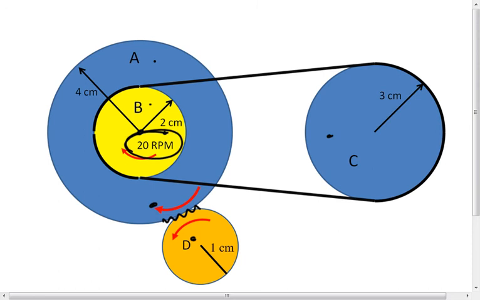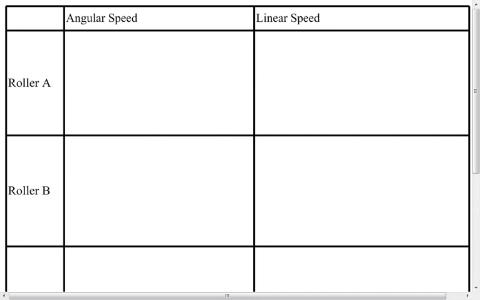So disc B's speed is 20 revolutions per minute, and I gave it to you in revolutions per time, and revolutions per time is your angular speed. Remember that your angular speed is your W, and your linear speed is your V. So what I just gave you was the angular speed for roller B, which is 20 revolutions per minute.